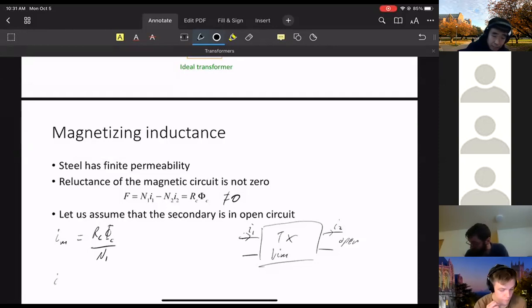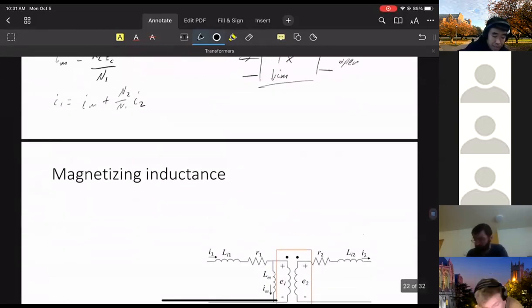So the total current I have is in 2 parts: IM plus N2 over N1 times I2. I have this extra term, IM, modeling the fact that this sum is not 0. So there's a little bit of mismatch. Let's look at what happens with the mismatch.